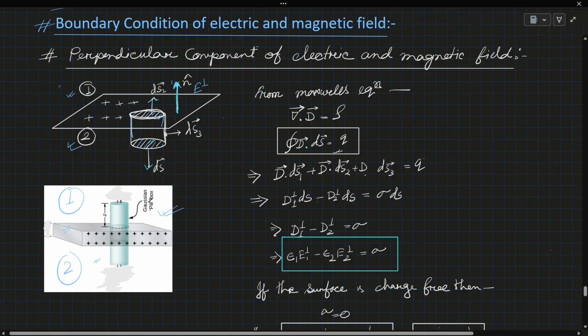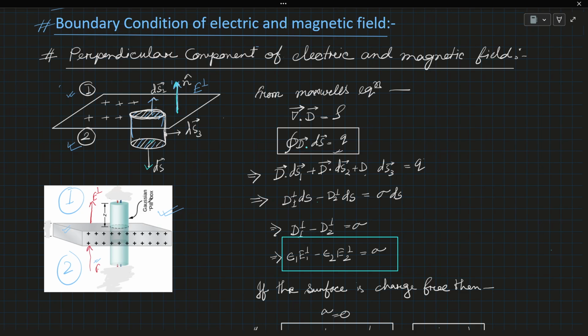The electric field is in this direction. This is E perpendicular, and for medium 2 this is also E perpendicular, and it is perpendicular to the interface. Sorry, interface. I hope you know the difference between surface and interface.